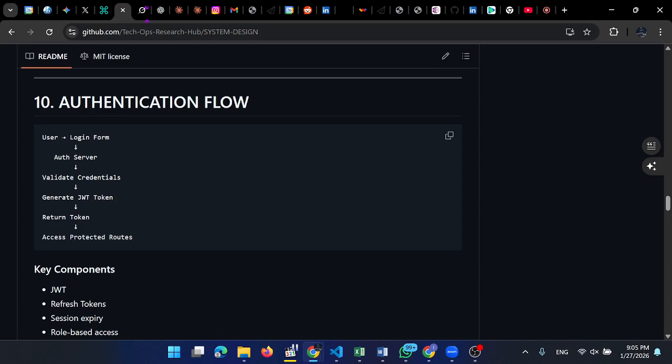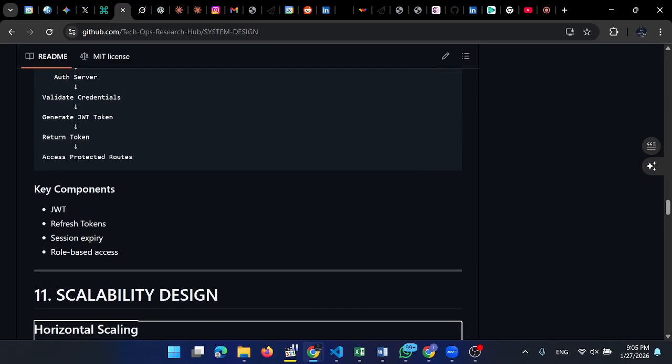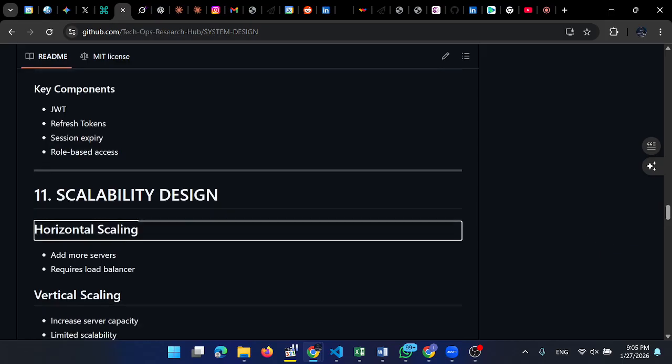Then the authentication server takes you through the validation of credentials, then how you can generate your JWT tokens, how you can return your tokens, how you can access protected routes. Very, very important. And some of these key components, we have the JWT, we have the refresh tokens, we have the session expiry, and also we have the role-based access.